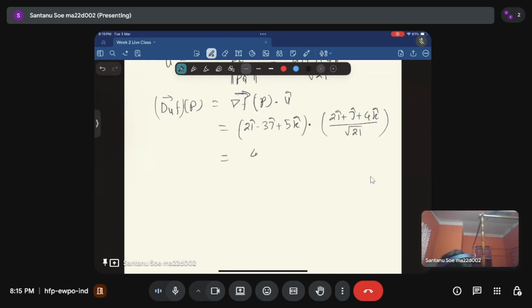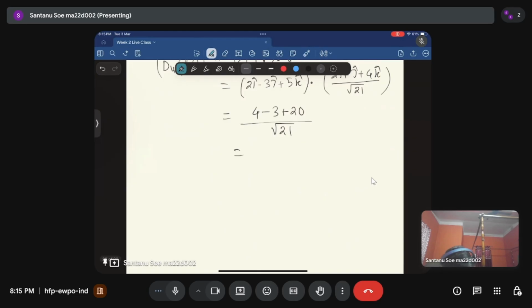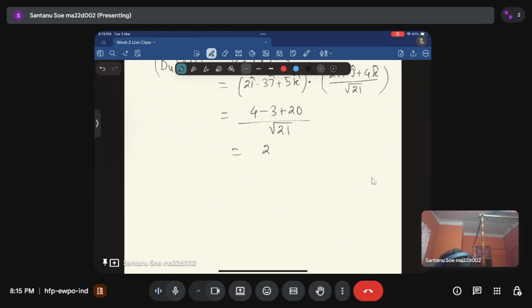So this is 4 minus 3 plus 20 divided by square root of 21, right? So this is 21 divided by square root of 21, which is square root of 21. So this should be the required directional derivative.